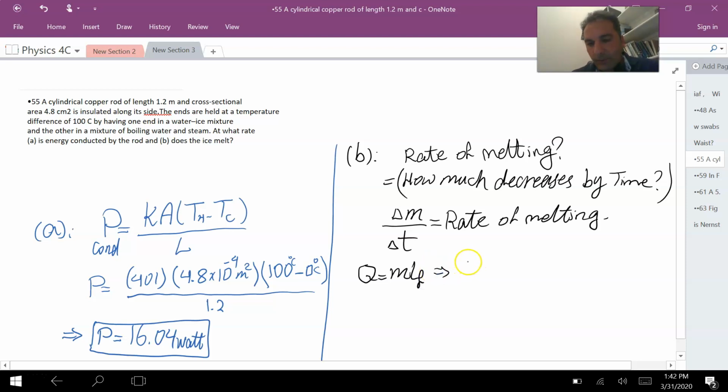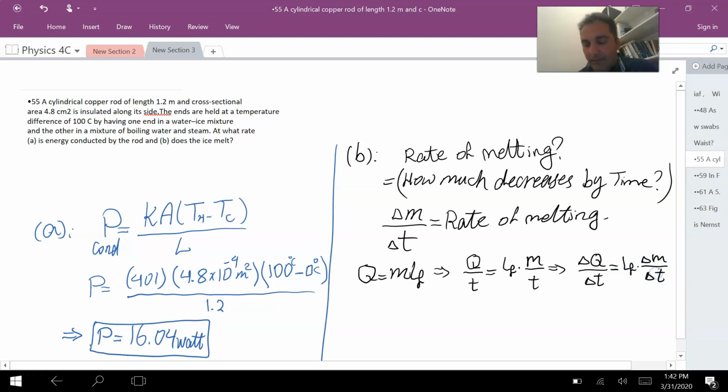Therefore, what can I do? Can I say if I do Q over t, LF is constant, m over t, correct? So can I say delta Q over delta t, which is power, LF is constant, delta m divided by delta t.